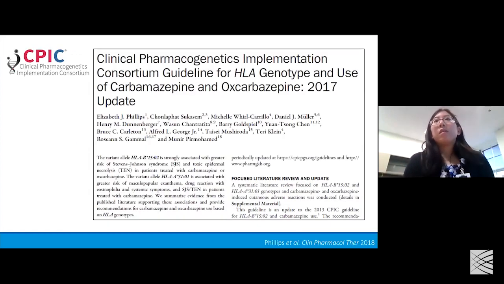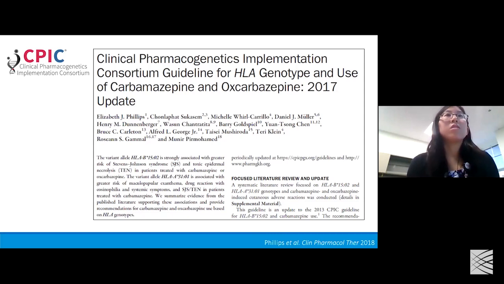There are also several resources that facilitate the translation of findings into actionable recommendations for various drugs. The Clinical Pharmacogenetics Implementation Consortium, or CPIC, has authored several publications across many drugs that try to provide some guidance on how to use genetic information in selecting drugs and selecting doses.